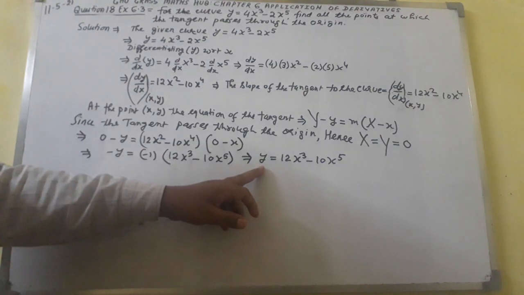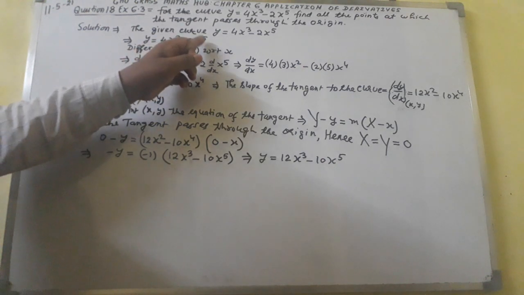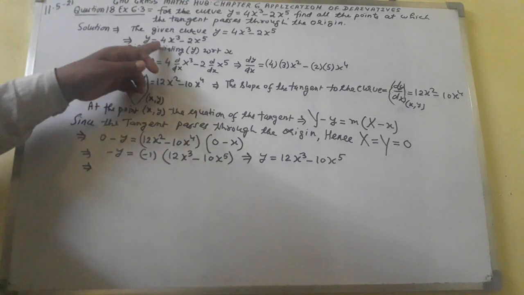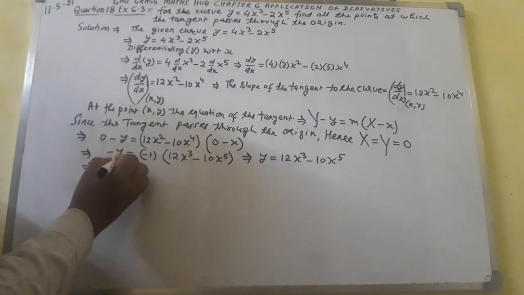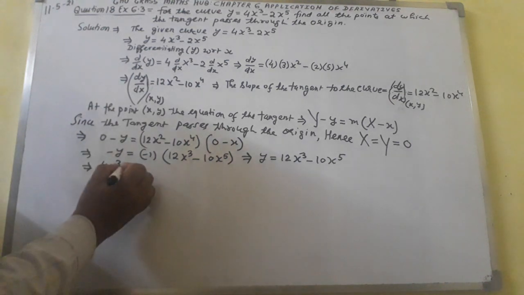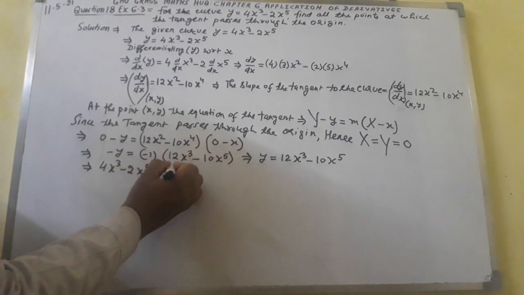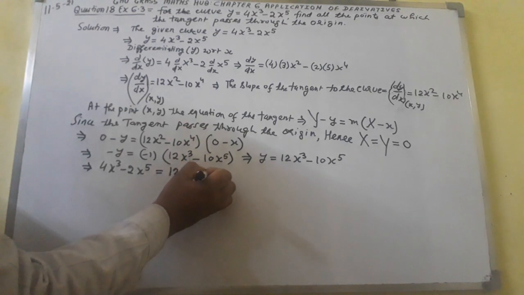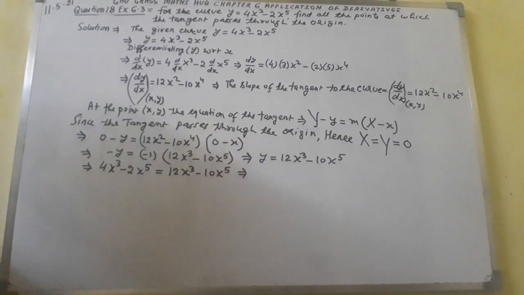Now the value of y I shall take from this place: y equal to 4x cube minus 2x raised to the power 5. So put the value of y here. So here I shall write 4x cube minus 2x raised to the power 5 equal to 12x cube minus 10x raised to the power 5. Just simplify this one.